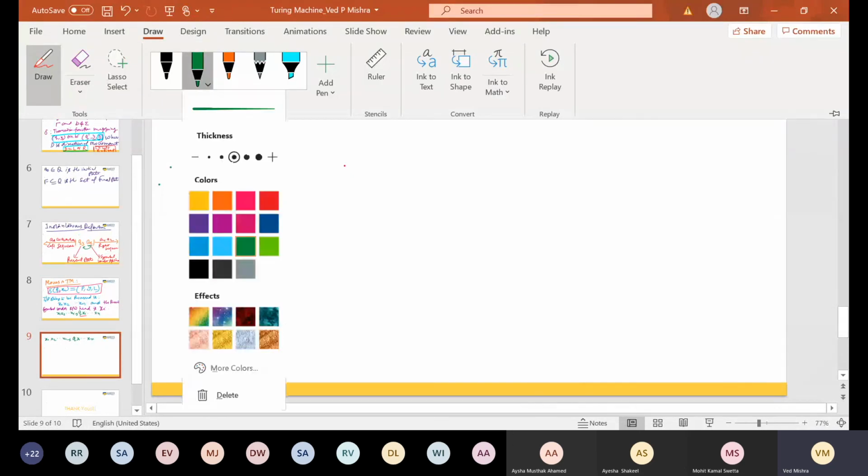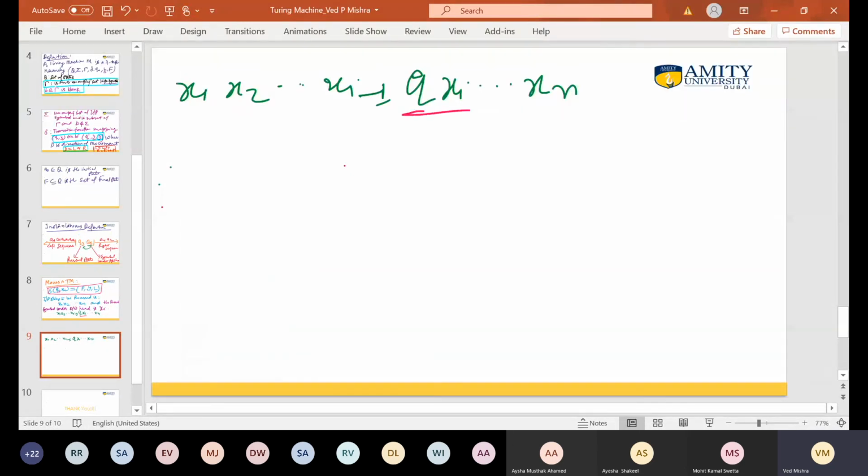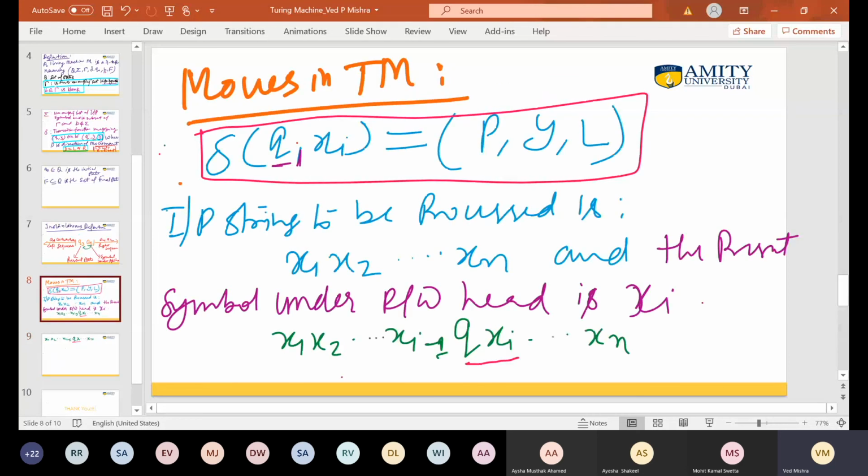And what exactly we had to do here, you have this rule q xi. Now see here, q xi. So q is becoming what? P? Anyone? Dive, are you here?